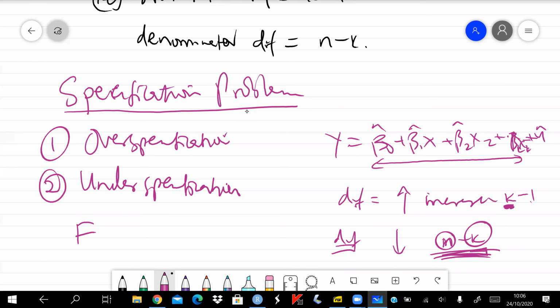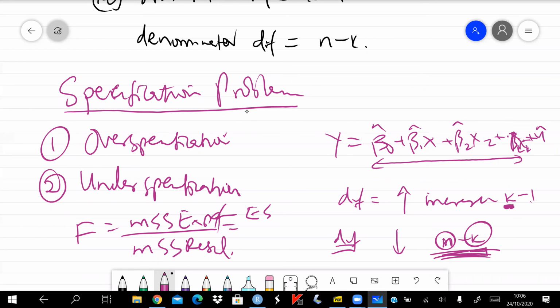because the F statistic is given by the mean sum of square explained divided by the mean sum of square unexplained, or the residual. So here we have the explained sum of square divided by k minus 1, and then the residual sum of square divided by n minus k.